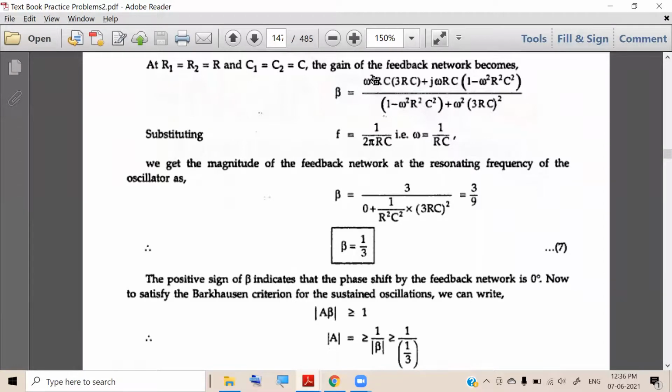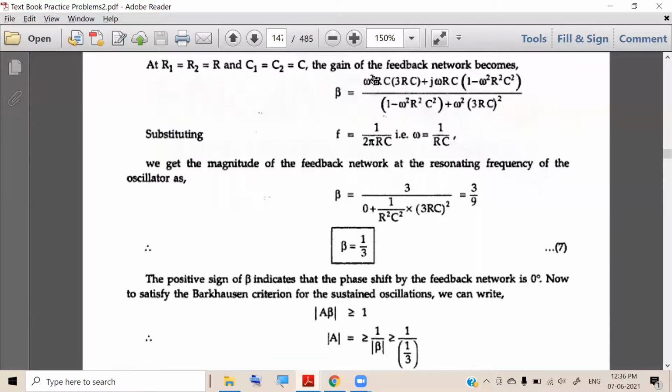Cross multiplying the denominator R1, R2, C1, C2 to the LHS, we have omega square into R1, R2, C1, C2 equal to 1. This entire term is equal to 1.